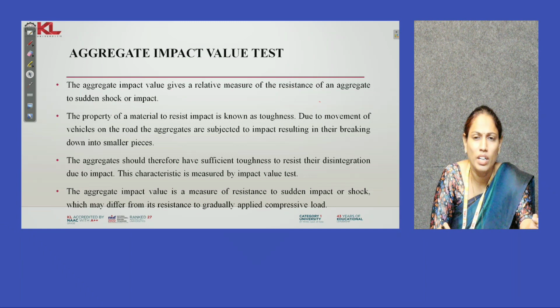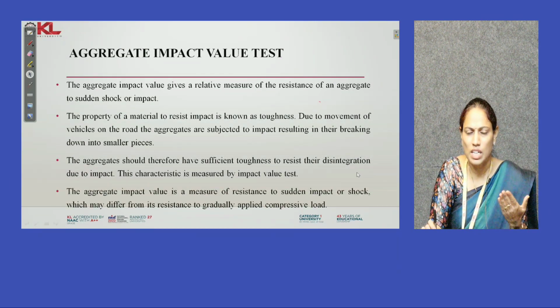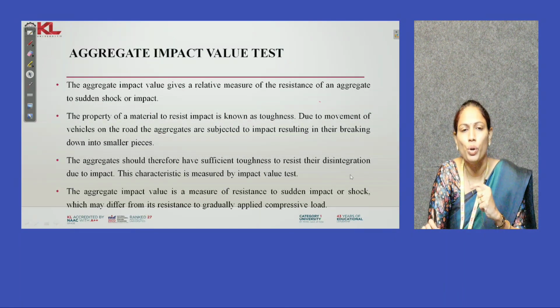Due to the movement of vehicles on the road, aggregates are subject to impact, resulting in their breakdown into smaller pieces. So it converts the big ones into small pieces.